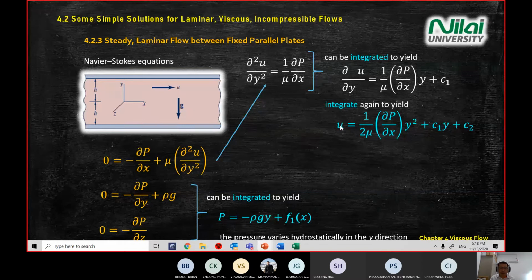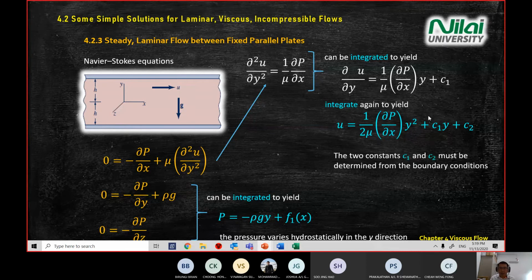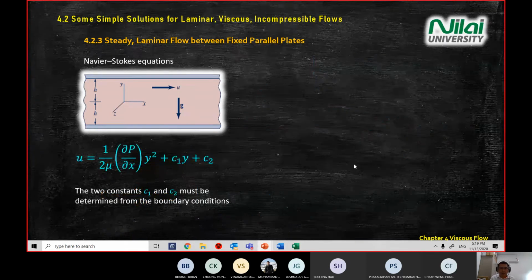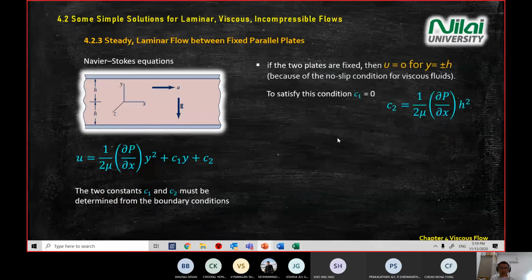Right? The process is always to get the component of our u. And then these two can give you pressure. This one, the x component, gives you the velocity u. That gives you this equation after you integrate 2 times, with a constant value later on. All these are the statements that we have.